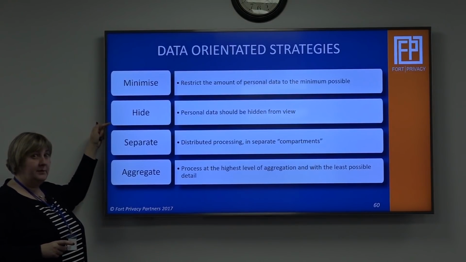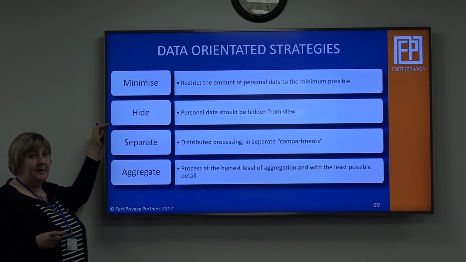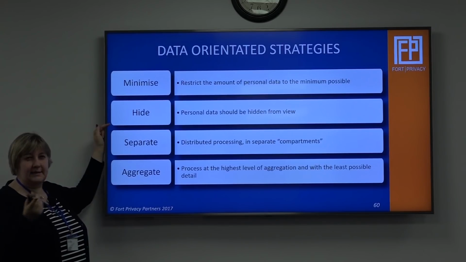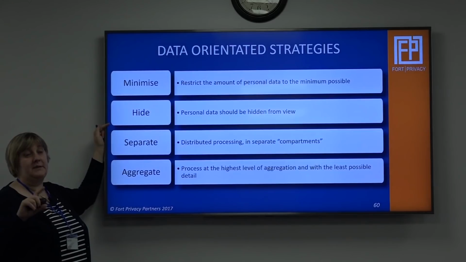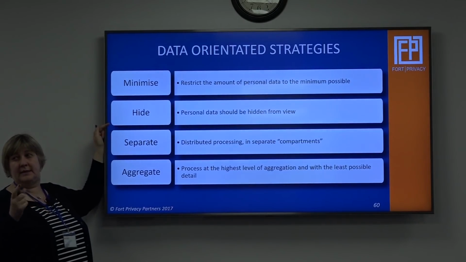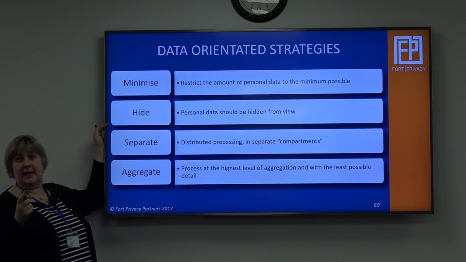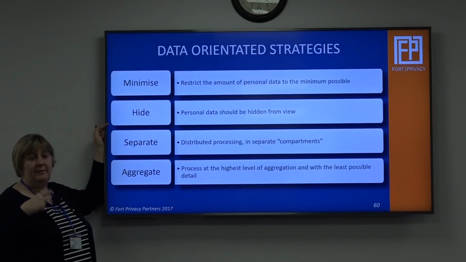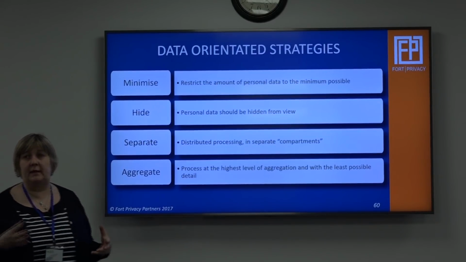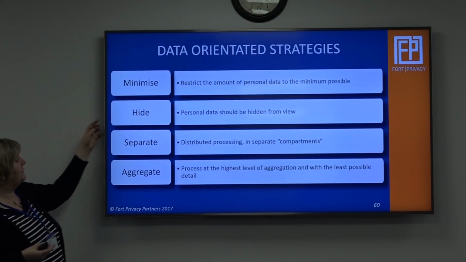You can hide the personal data, and the example I would have there is in banking systems. Banks are required to collect people's tax identification numbers, and it's for the purposes of anti-money laundering and anti-terrorist activity tracking. And so banks must do a lot of reporting for those legislations.